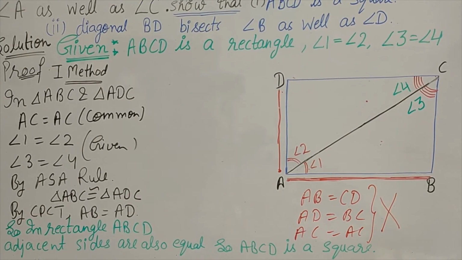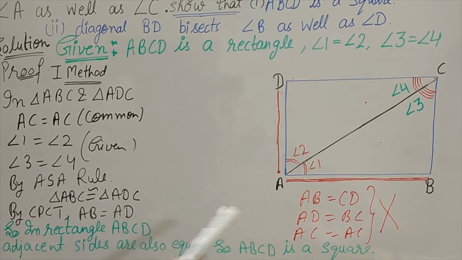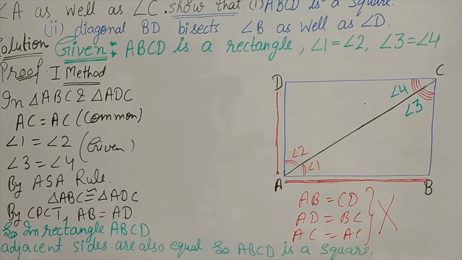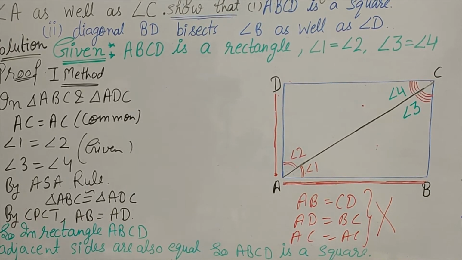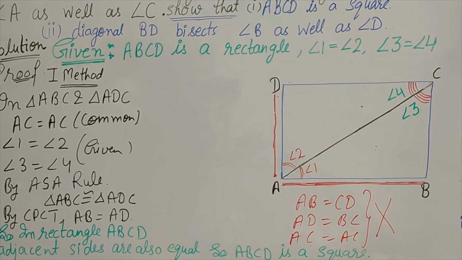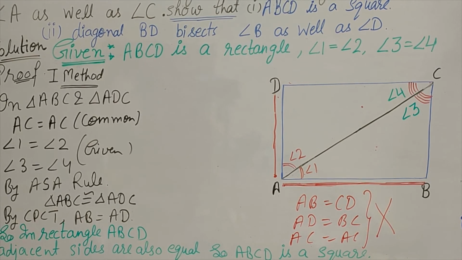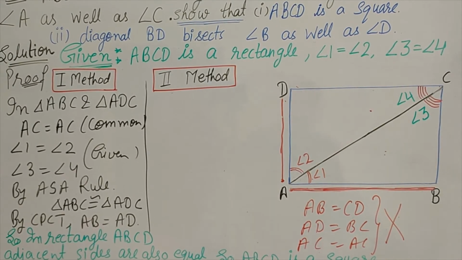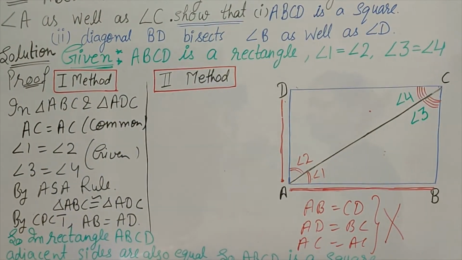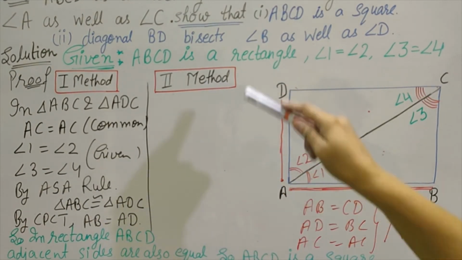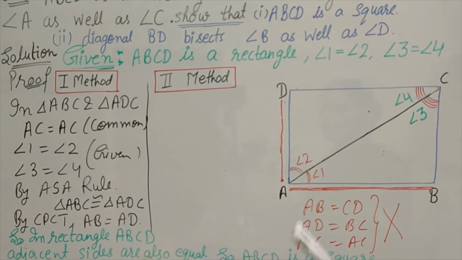So after saying AB is equal to AD, we will write this logic: in rectangle ABCD, adjacent sides are also equal, so ABCD becomes a square. Students, it's your choice now. You can adopt any of the methods. Either do this question by this method or do this question by the second method, which I am going to tell.